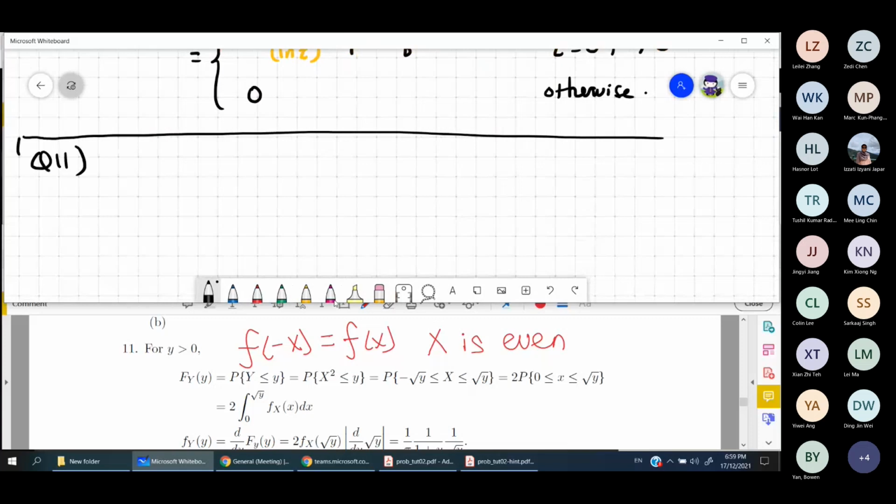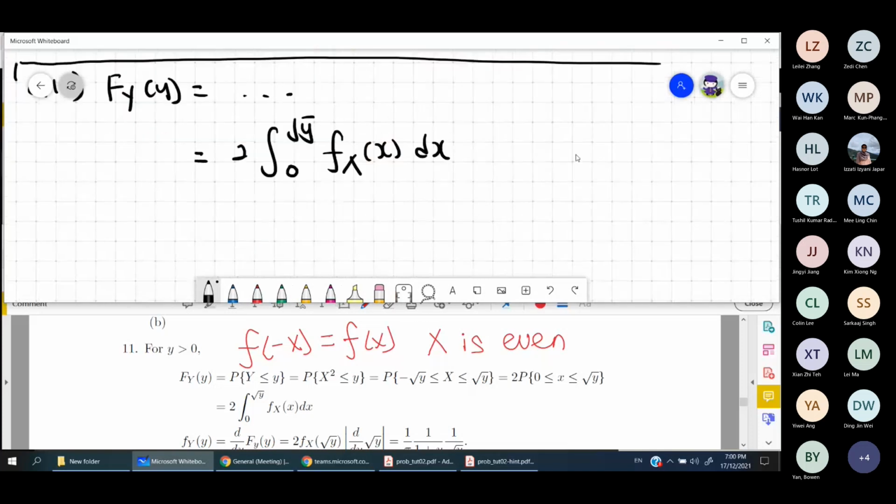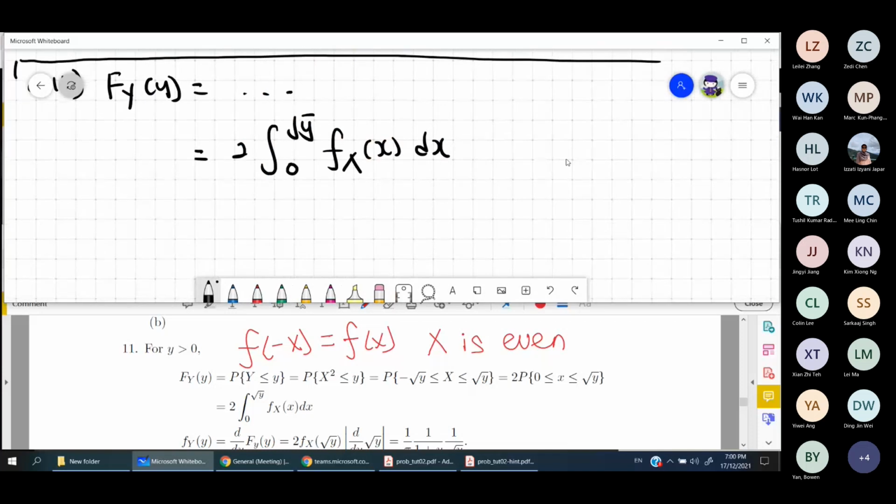So for question 11, we have this, the integral from 0 of f_X(x) dx, and this is actually equal to 2.